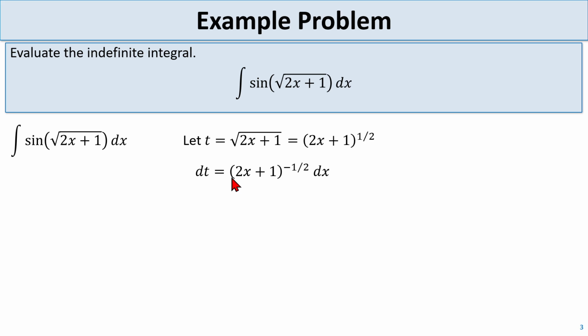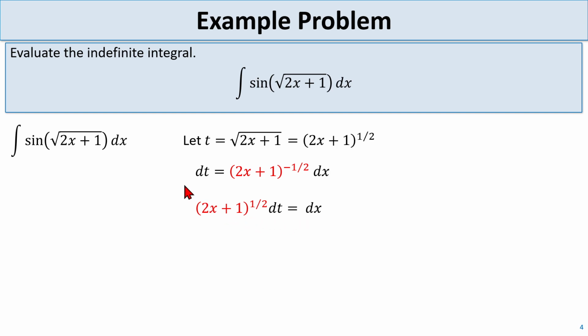And when I have this expression with the negative power, it's the same as dividing by this expression with a positive power. So basically, I'm going to multiply this factor over to the other side to isolate dx. Okay, so I multiplied by this. You can think of it as multiplying both sides by 2x plus 1 to the 1/2 power. And that gets me this expression for dx.